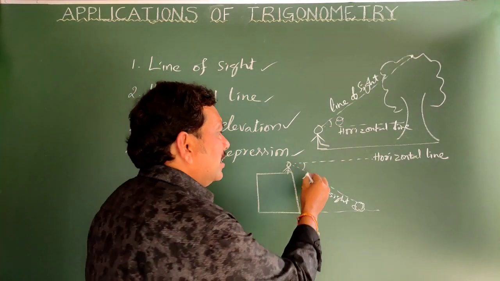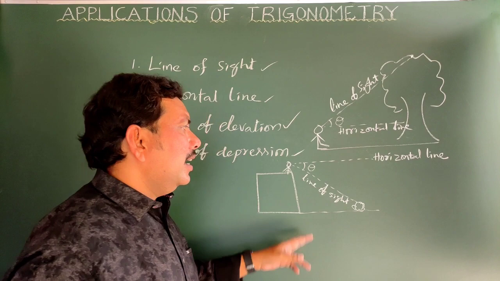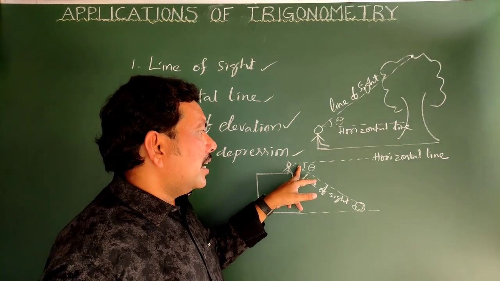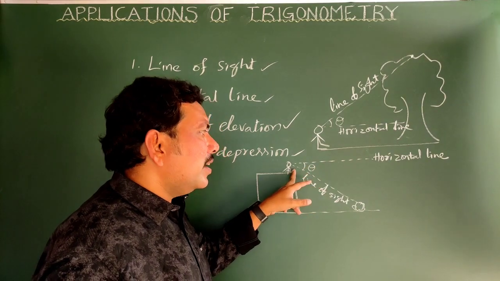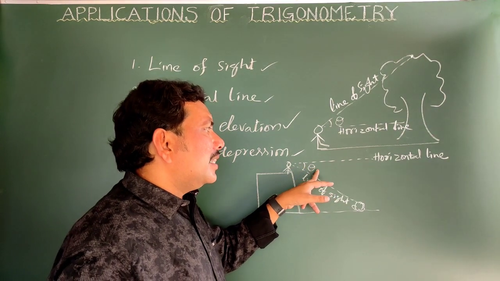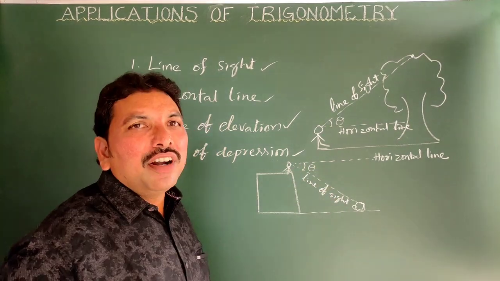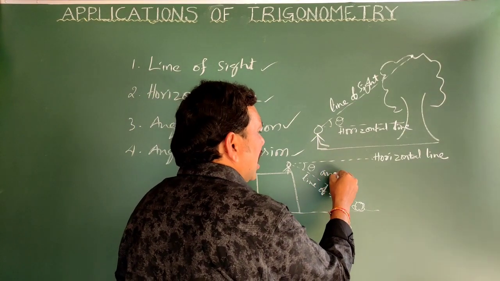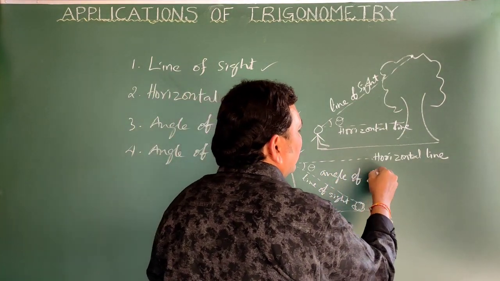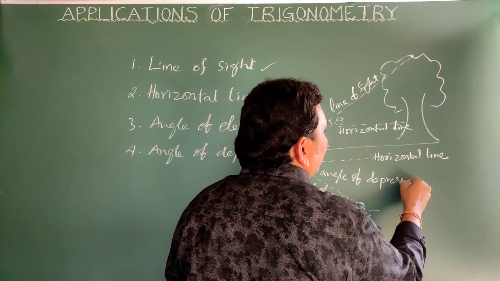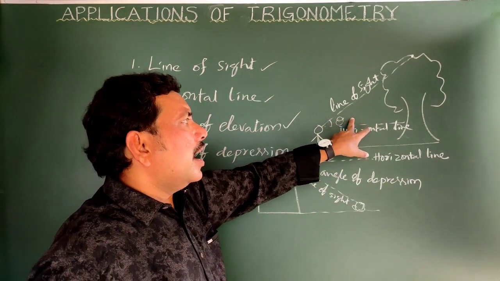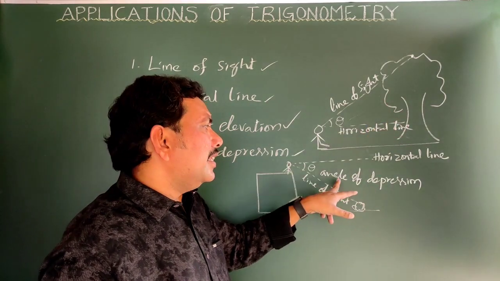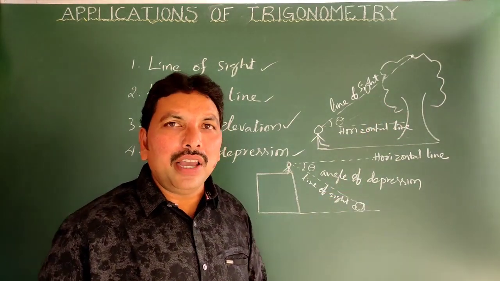This is the horizontal line, and this is the line of sight below the horizontal line. That's why this is called angle of depression.